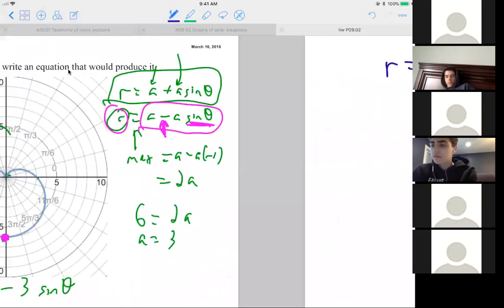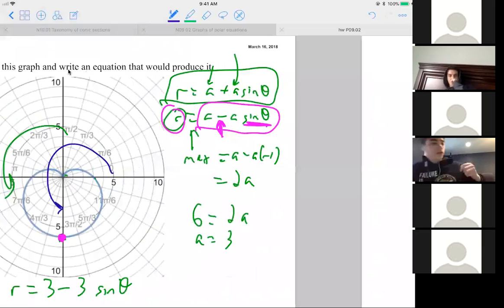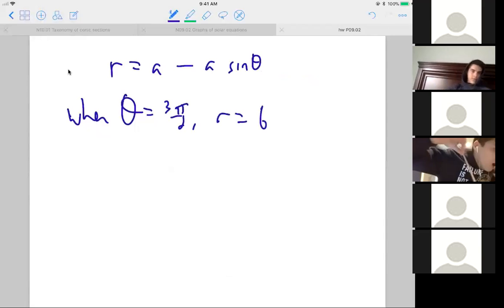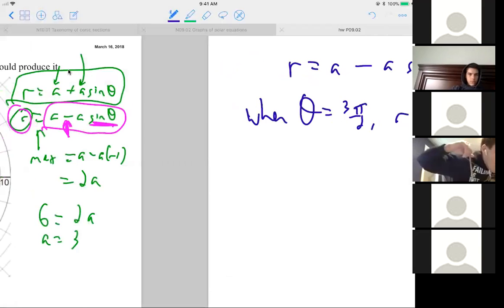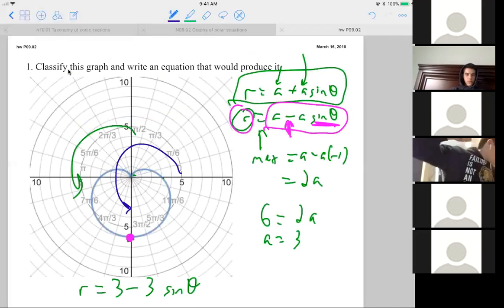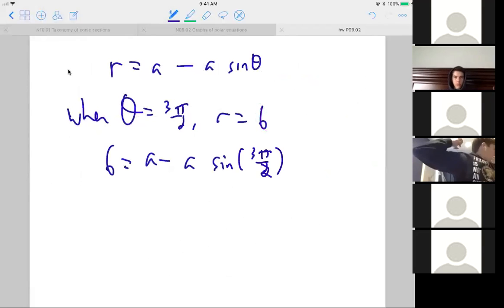And when theta equals 3 pi over 2, R is 6, which I'm just reading from the graph. I'm just picking some easy point on the graph. And so I can say that 6 is A minus A sine 3 pi over 2. Just force it to fit that equation.